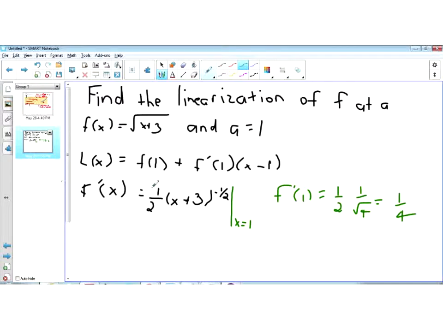So the linearization then is equal to f of 1, which is 2, plus the slope we just found, 1/4, times x minus 1. Which, if you simplify algebraically, is equal to 7/4 plus x over 4.